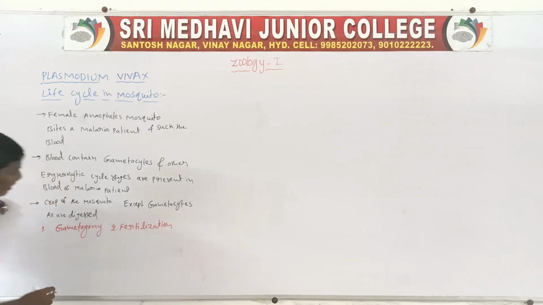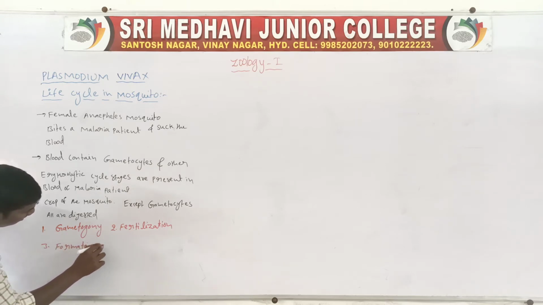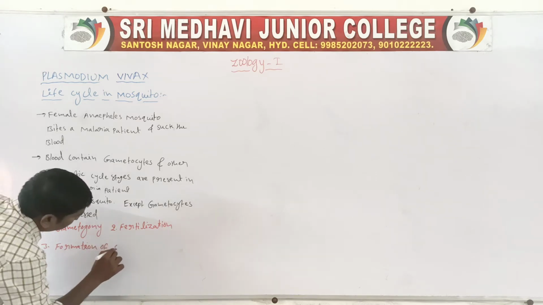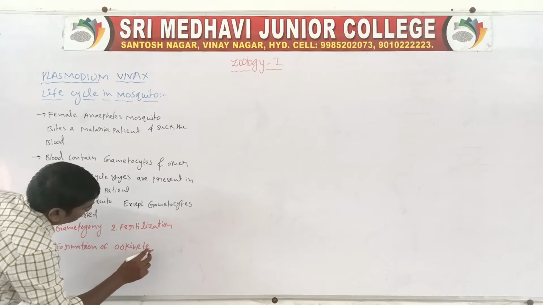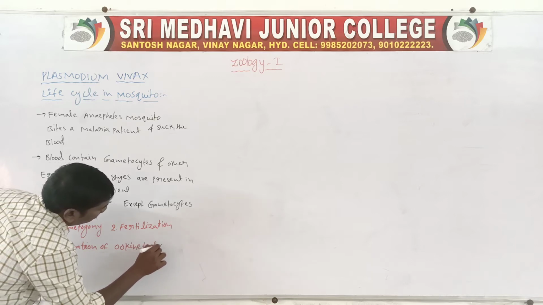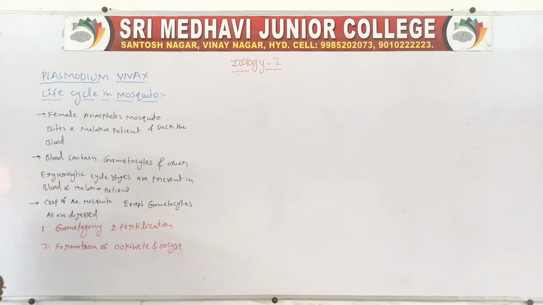Third one, formation of ookinete and oocyst. Fourth one, sporogamy.